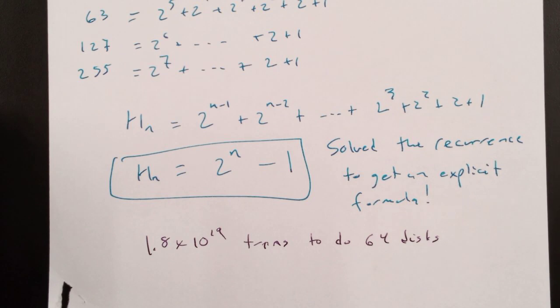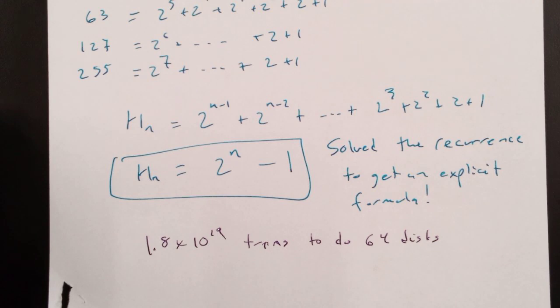Y'all have your computers and your phones and stuff. I need you to Google something else for me. What is the current age of the universe in seconds? 1.8 times 10 to the 19th turns to do 64 disks. 436 quadrillion. Quadrillion is 10 to the 17th.